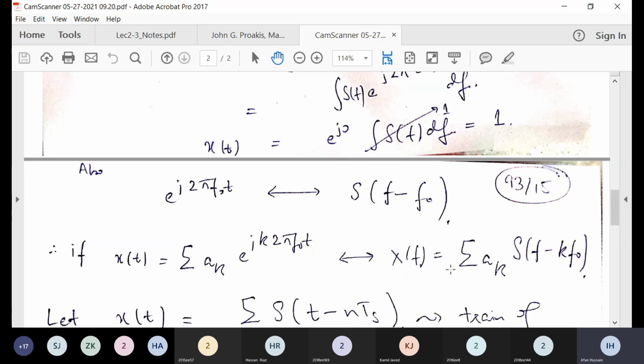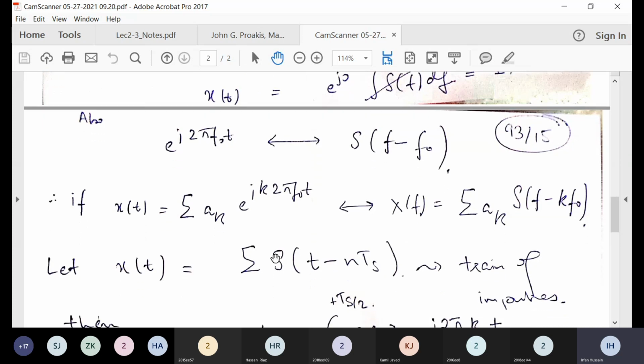So we can very well see that a periodic signal, in terms of its Fourier series coefficients, can be represented as a train of impulses in frequency. A train of impulses in frequency actually represents a periodic signal. This we have also seen, and you have seen it in your past courses.